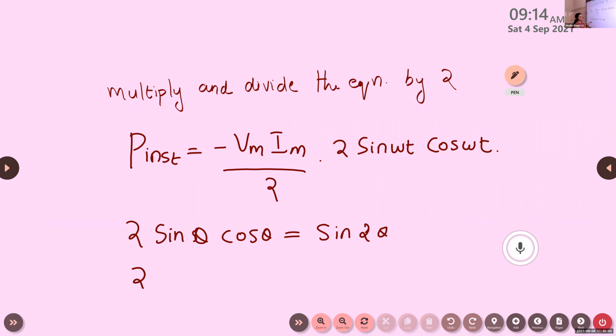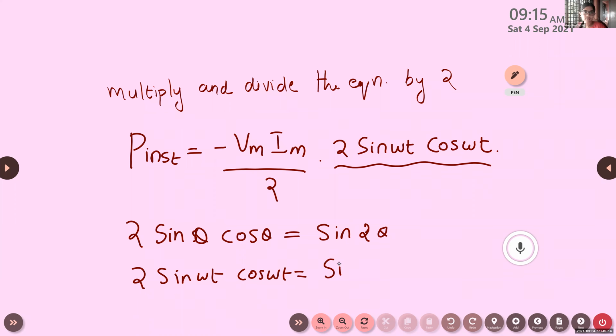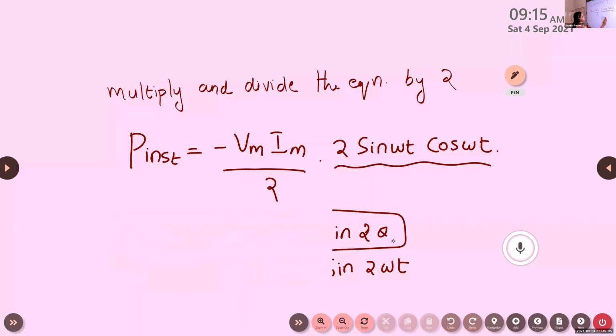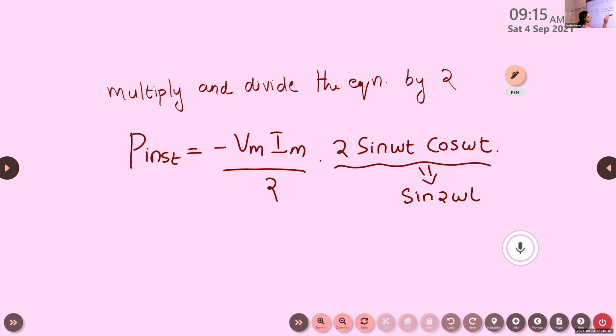Similarly, here we have 2 sine omega t cos omega t, which is equal to sine 2 omega t.